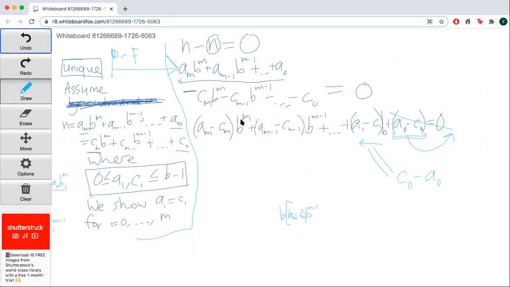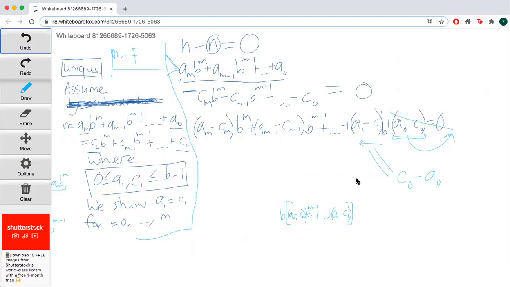So that means m minus 1 instead of m, plus dot dot dot, plus, and the last one here that I can factorize is a1 minus c1. Okay.